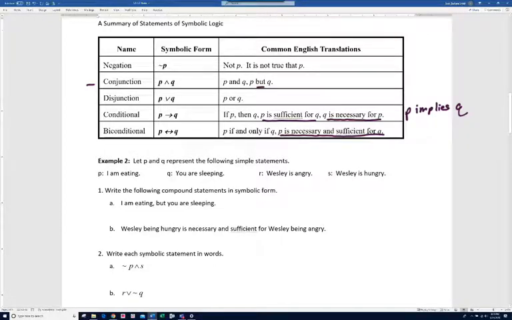I am eating, but you are sleeping. Now remember, but is used in the same way that and is used. And so I am eating and you are sleeping. That would be P and Q. So go ahead and try B, and then I would encourage you to check your answer.